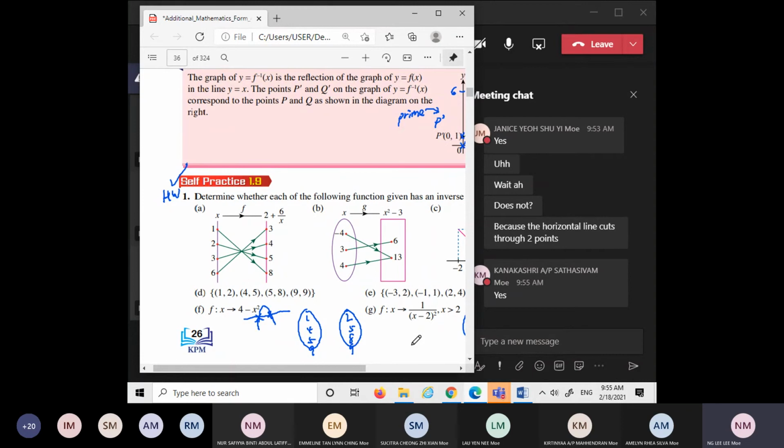Just now Janice used the horizontal line test. If I don't want to use the horizontal line test, can you give me an example of two different objects that give the same image for this function, 4 minus x squared? Like the D or the E, different object but same image.